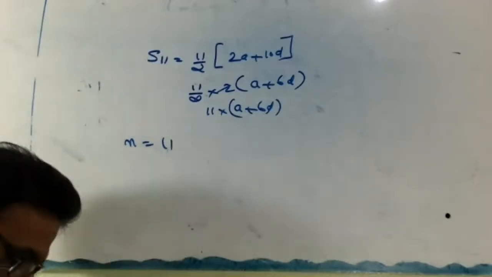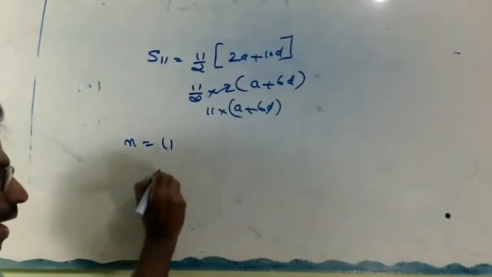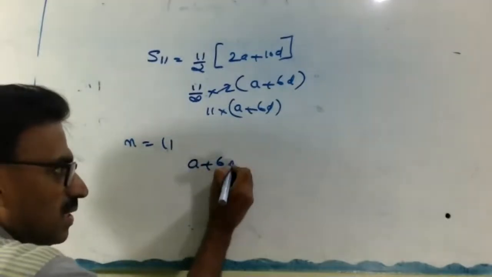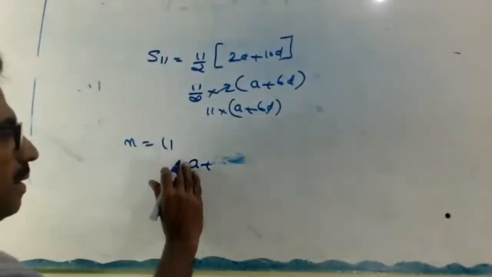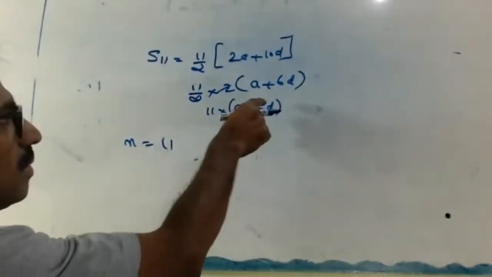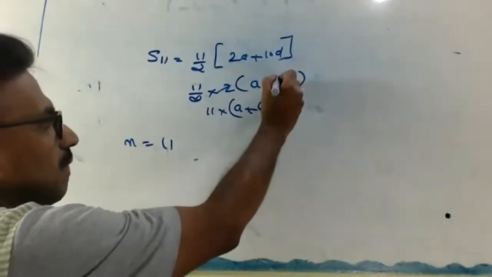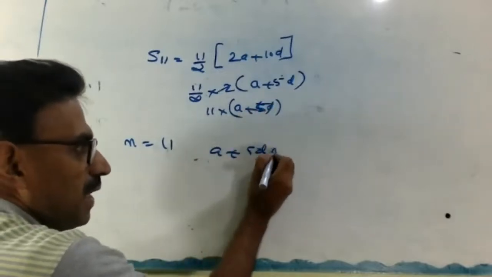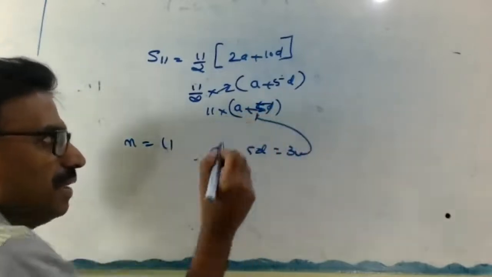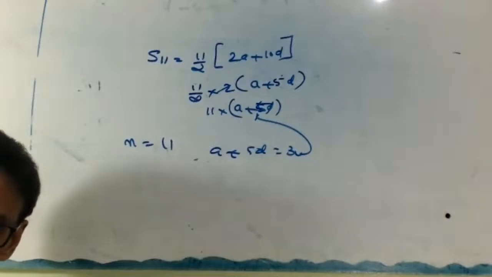Okay, the sixth term is A plus 5D, here it is 5, right? So A plus 5D equal to 30. Go to here, finish. Correct or no?